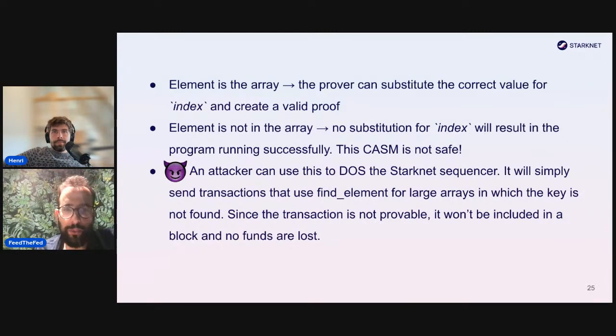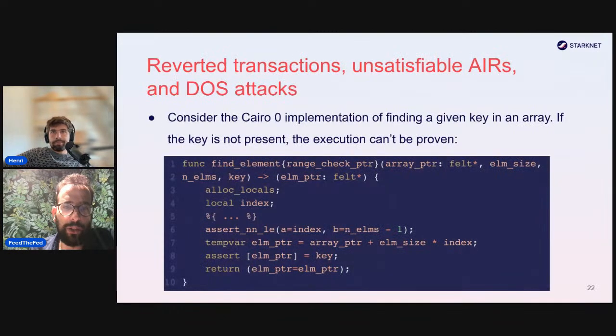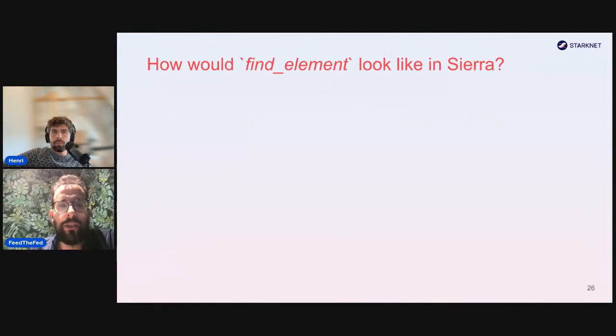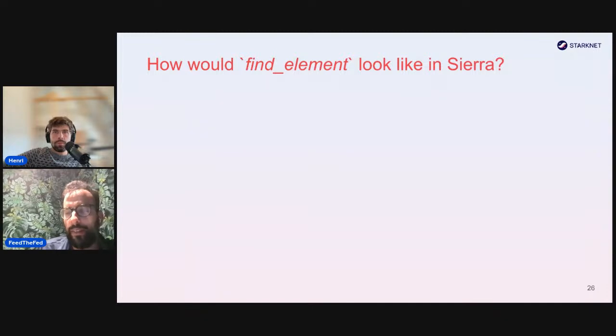Okay, so what are we going to do about it? This means we can't keep the situation as is. This can't be the way to look inside arrays within Starknet smart contracts. So basically the question I'm asking is how find element would look in Sierra.